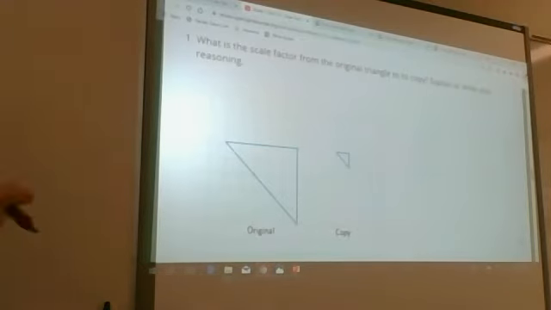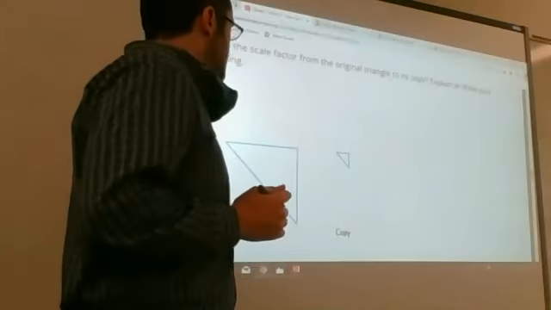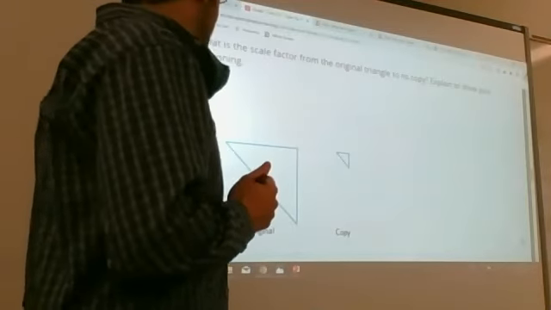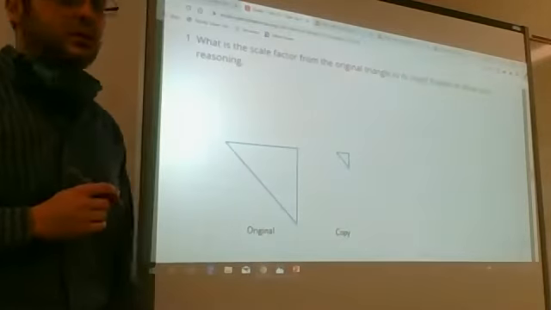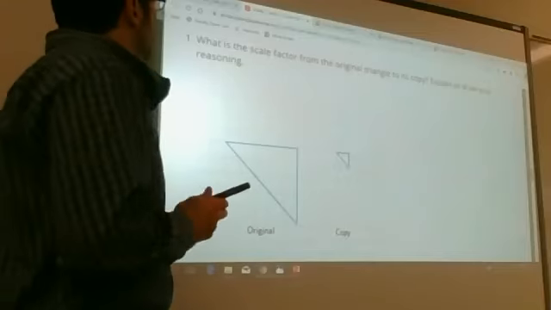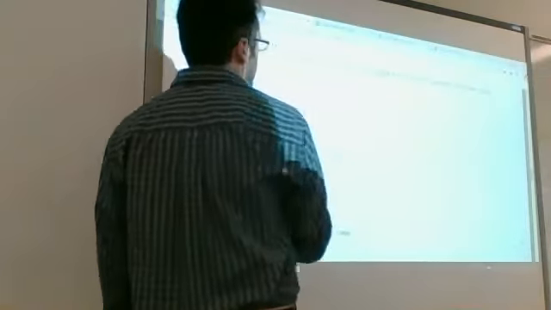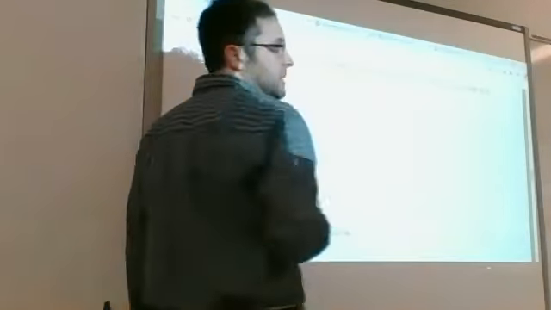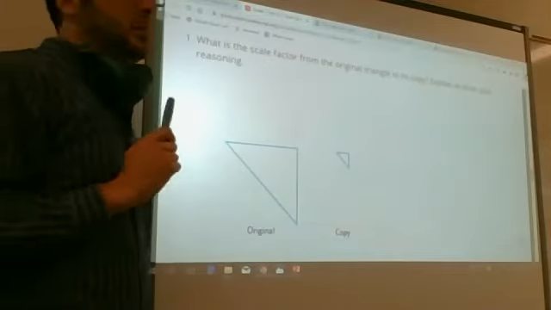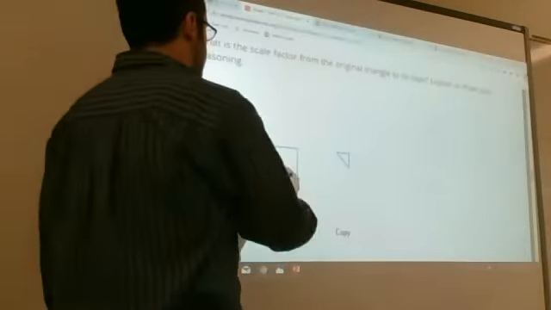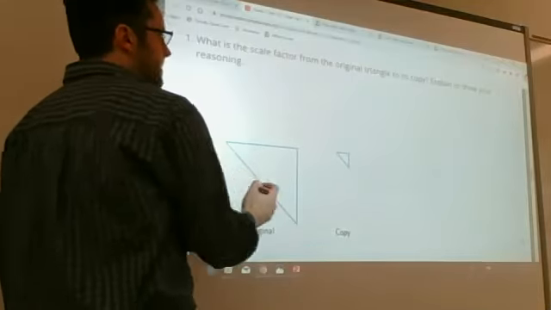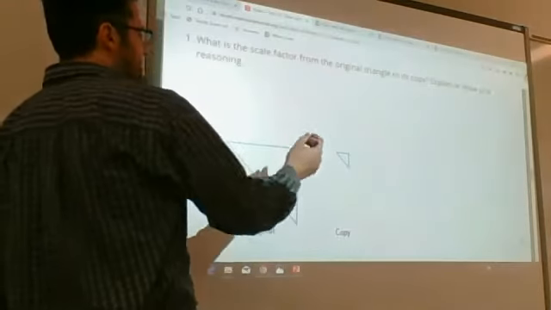Okay, so this asks us to do some basic scaling work like we've done all week. So what is the scale factor from the original triangle to its copy? Well, we got to get some measurements first. So this is only 1 square, yes. So we're going to put that in our calculation.